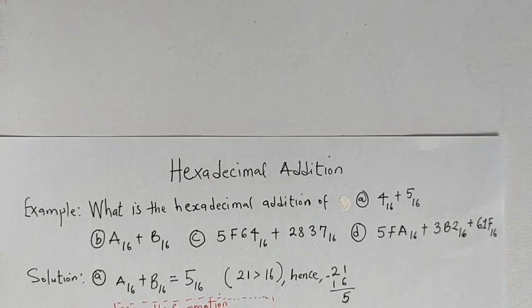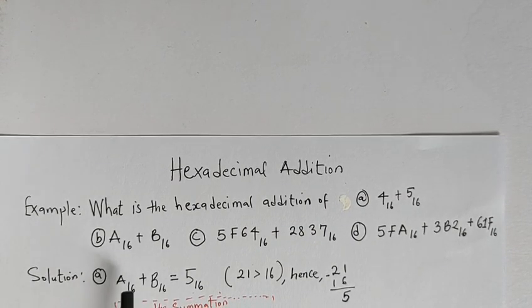Now let's take the first example, which is A plus B, which will equal 5 in base 16. Now how do we achieve this? A in the hexadecimal number system is equal to 10 and B is equal to 11. Both are in base 16, so 10 plus 11 gives us 21.